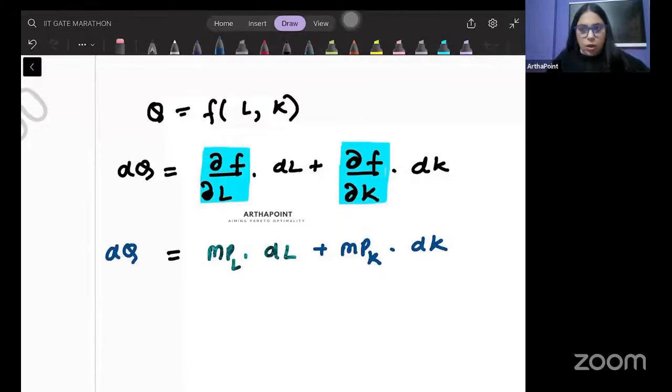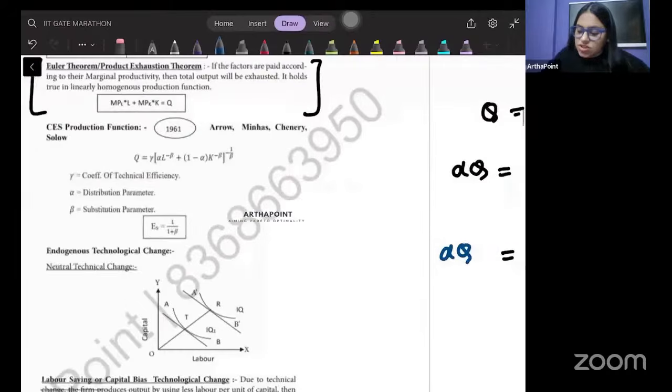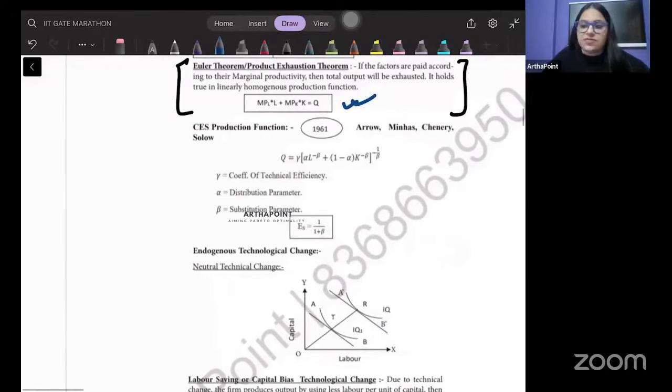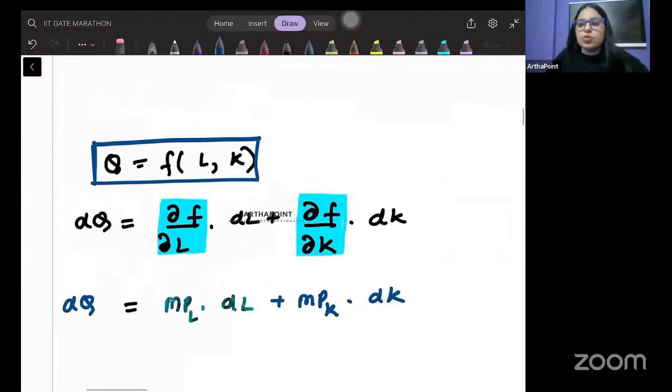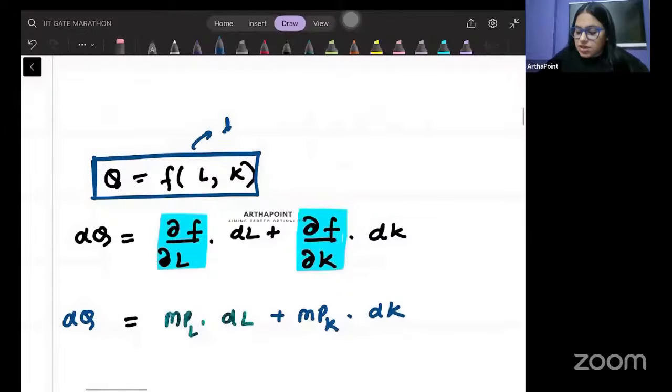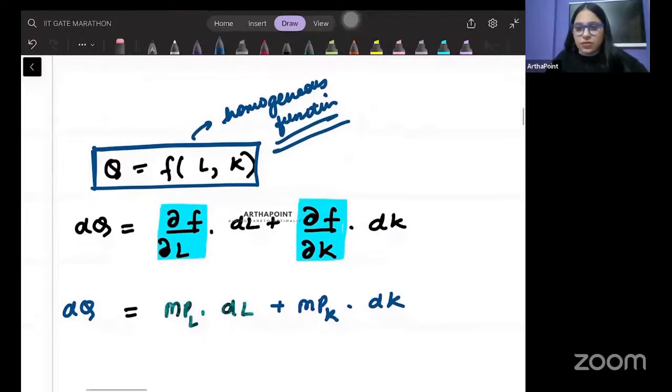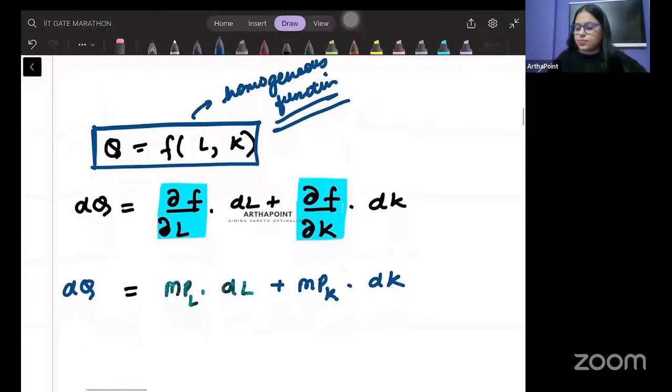Right. Now, if I just go ahead and use this fact here, there is one more thing. Given this production function, for Euler's theorem to hold true, it must be a homogeneous function. Otherwise, I won't be able to apply Euler's theorem.